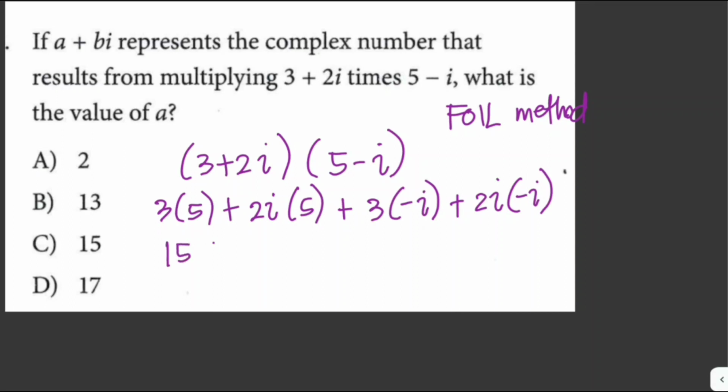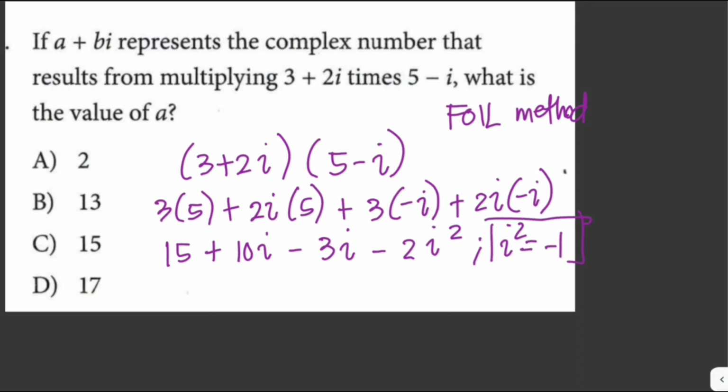Then we simplify this. This is 15 plus 10i minus 3i minus 2i squared. And we know that i squared is just equal to negative 1. And then we can group like terms, and we have 10i here and negative 3i. 10 minus 3 is 7, so that is 7i plus 15, and then negative 2i squared.